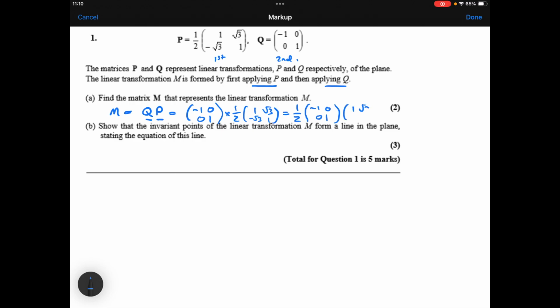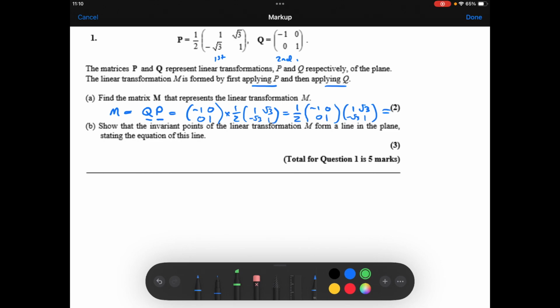And now let's multiply these matrices together. So we're going to have the minus 1 times 1 plus the 0 times minus root 3. So that's going to be minus 1. Then we're going to have the minus 1 times the root 3 plus the 0 times the 1.